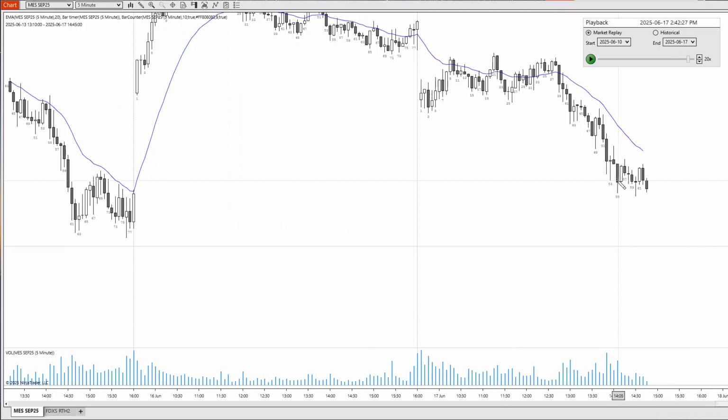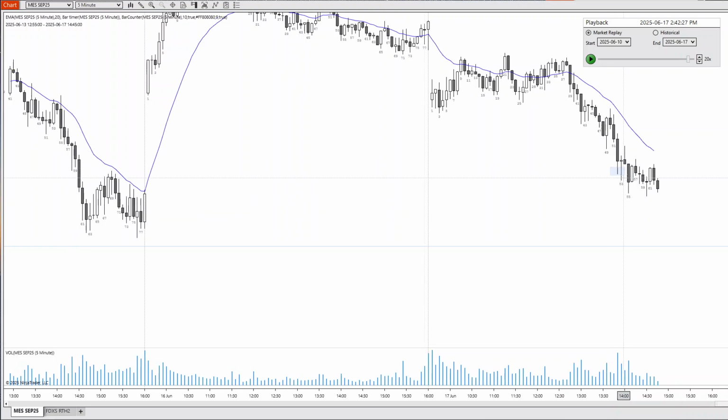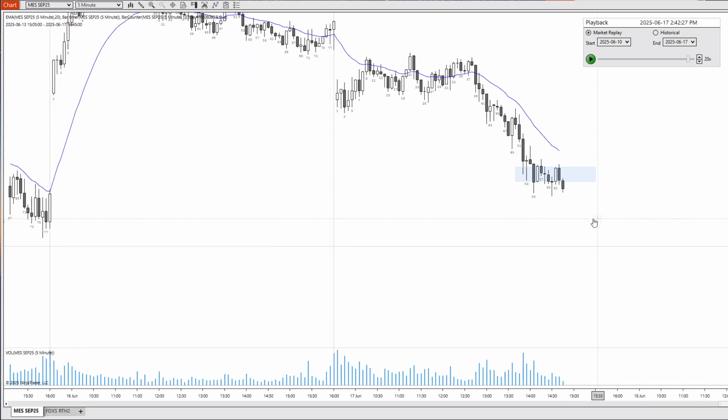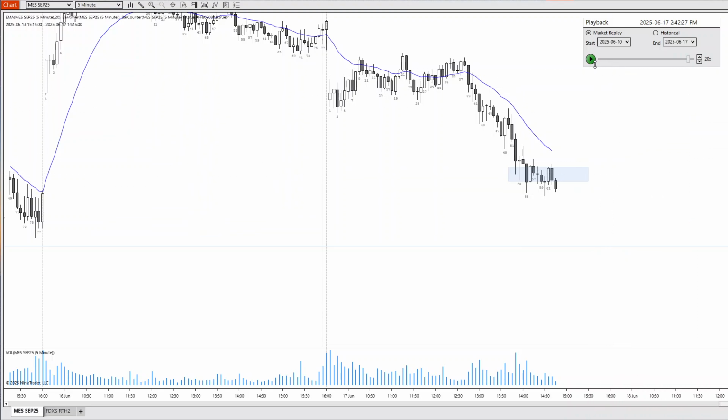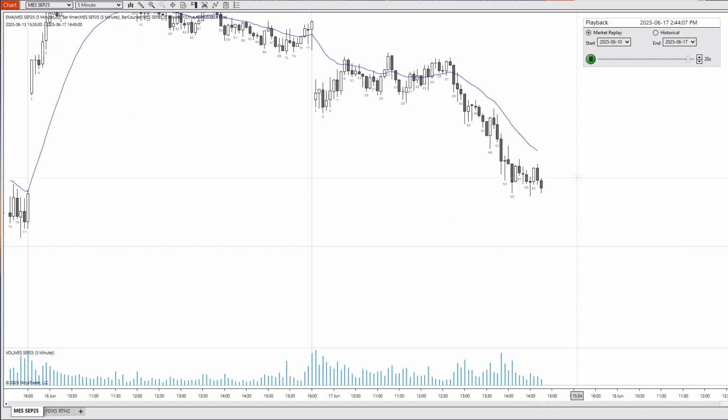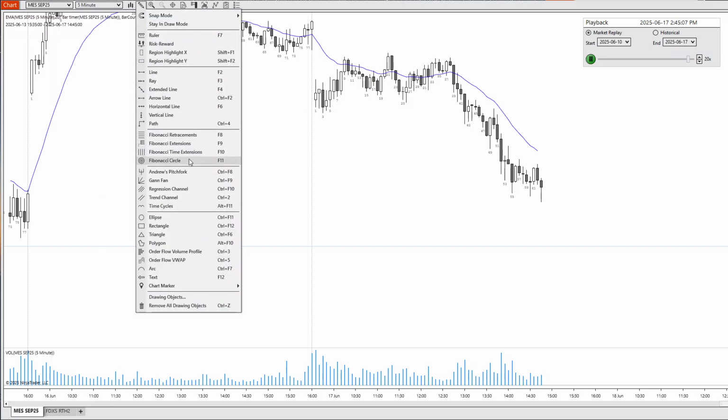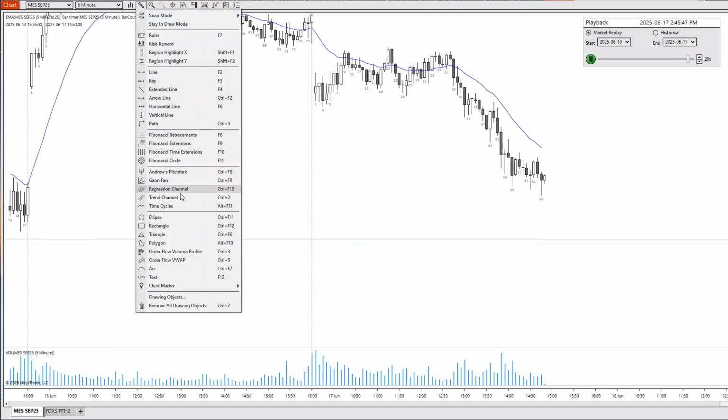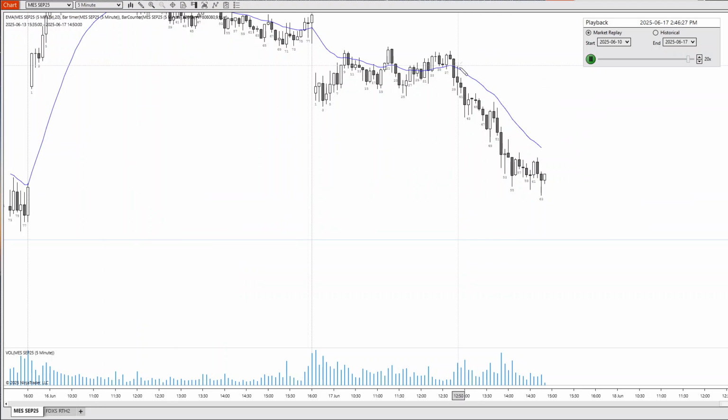Where's the rectangle? I was saying it's the top of the trading range. Then I purchased at the top of the trading range. That's not good. Okay. Oh, we're still in the tight range here.